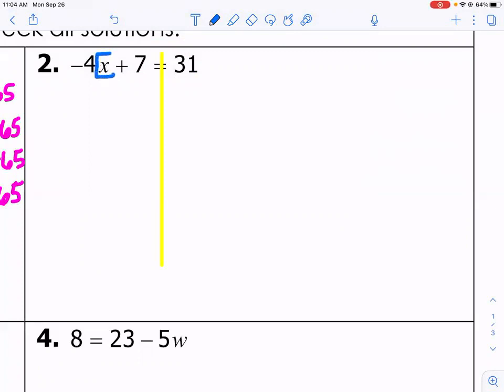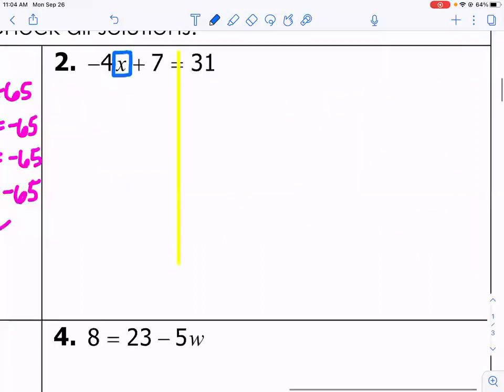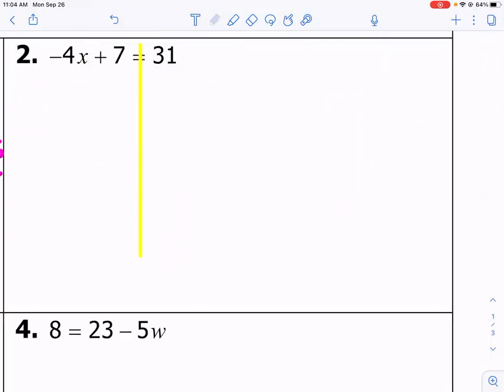All right, so I'm going to put a little box. We can do red. So I'm going to put a box around x. What I want you to notice is that negative 4 is the closest number to x, and it's being multiplied to it.